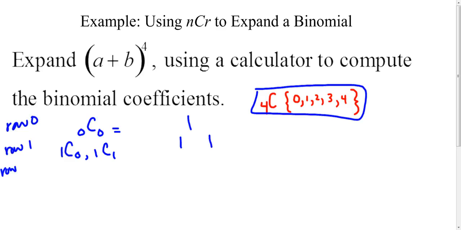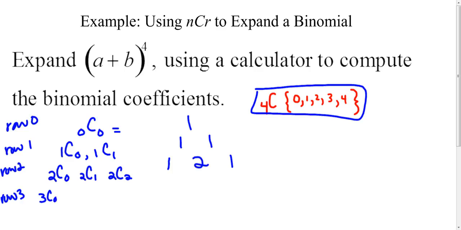Row 2. That means you start with 2 objects. You're going to first choose 0, and you get a 1. Then if you have 2 objects, you're going to choose 1, and you get a 2. Then if you have 2 objects, you're going to choose 2 of them, and you get a 1 again. Okay, row 3. 3 objects.